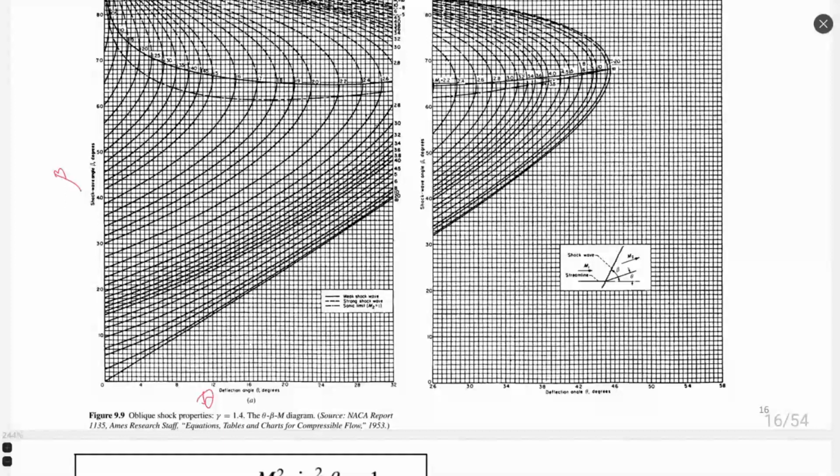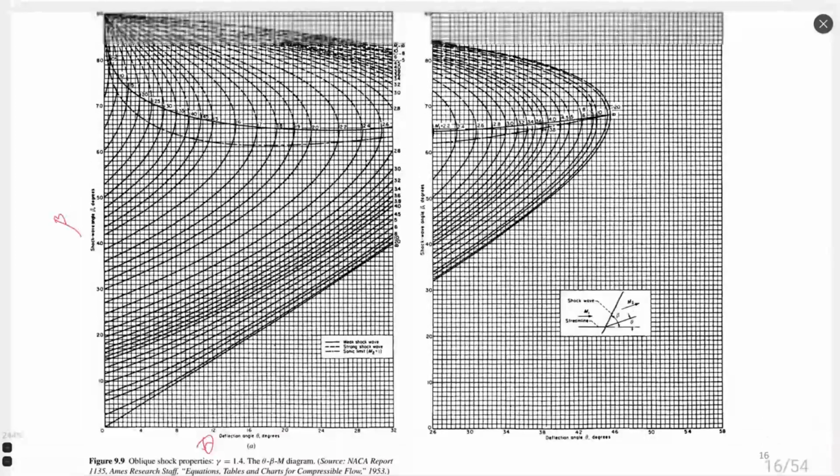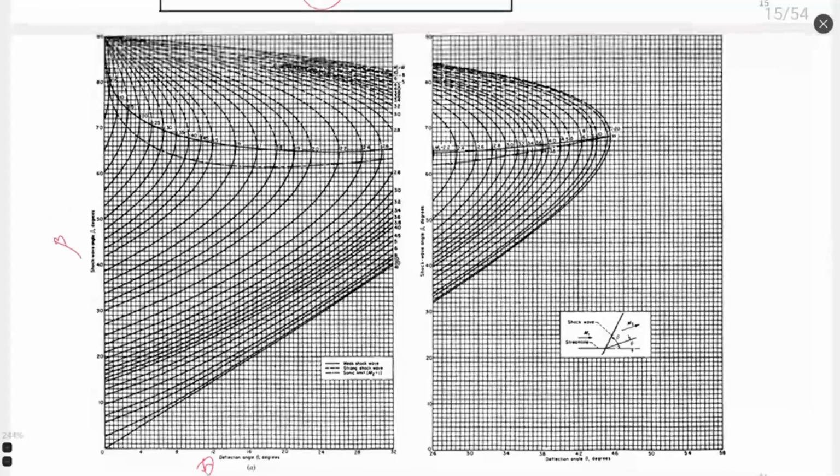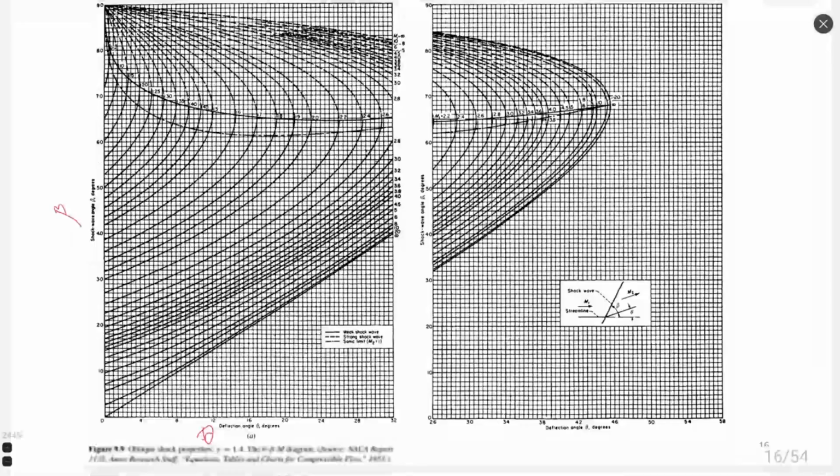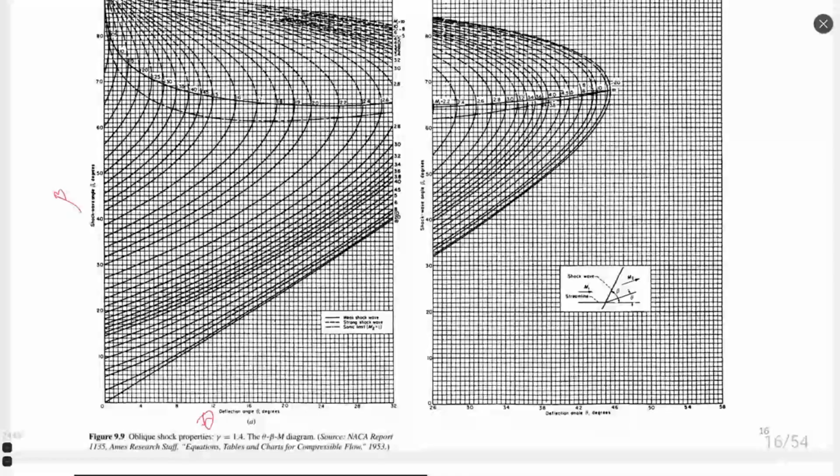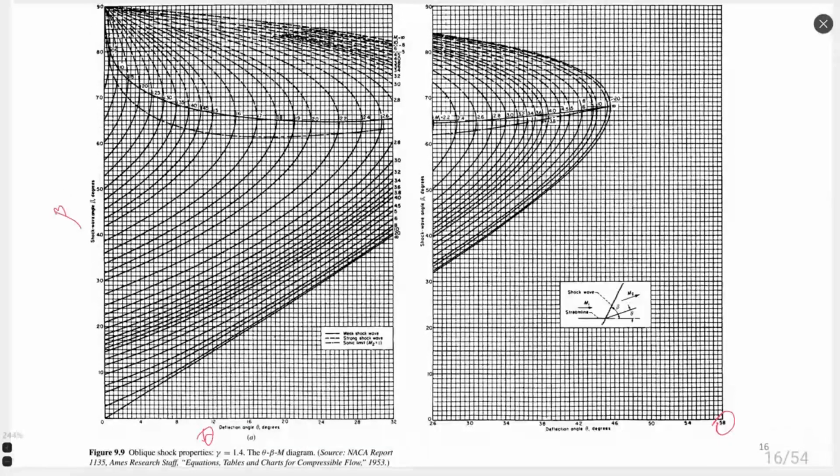But I hope that you can see the numbers on this diagram, even though they are very small. For example, theta angle is changing from 0 to more or less 58 at most, and beta is changing from 0 to 90 degrees.